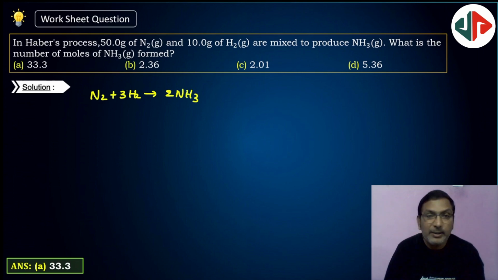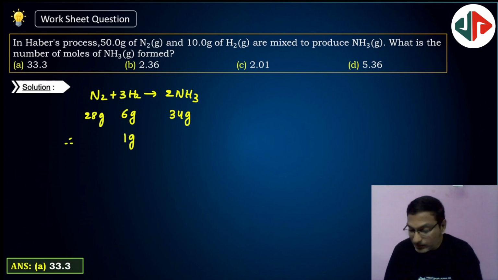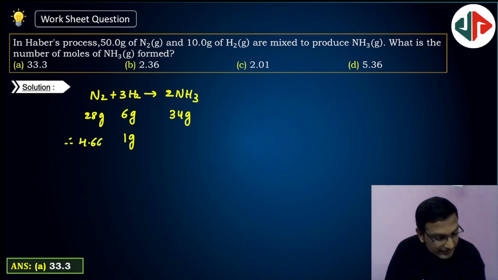So here N2 means 1 mole, 1 mole means 28 grams. 3H2, 6 grams, gives total 34 grams according to the equation. So for 1 gram of H2, how much N2 is required? 4.66 grams of N2 is required.